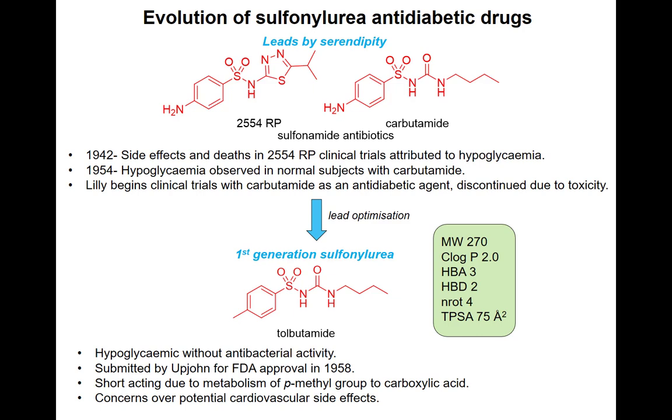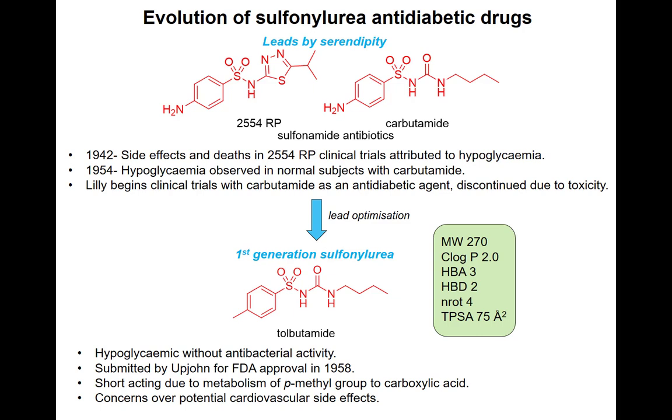And these were sulfonamide drugs. These are belonging to the sulfur class of antibiotics that were quite popular in those days, but have been supplemented by other antibiotics like penicillin nowadays. And in these particular compounds shown here, there were some clinical trials carried out in the 1940s and later in the 1950s as well, where there were side effects and even deaths observed in the clinical trials.